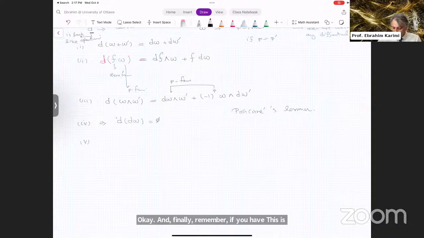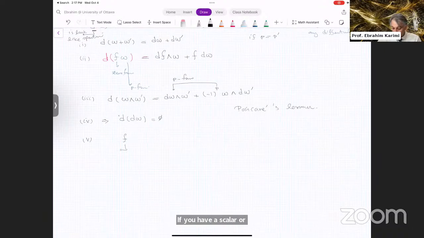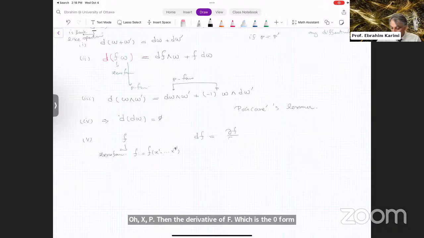If you have a scalar, or a zero form, which is a function of, let's say, x1 until xp, then the derivative of f, the zero form, will be the derivative of f with respect to any of those xj, then dxj.